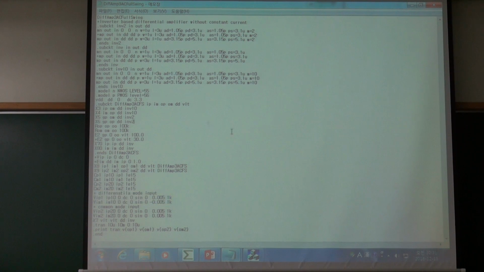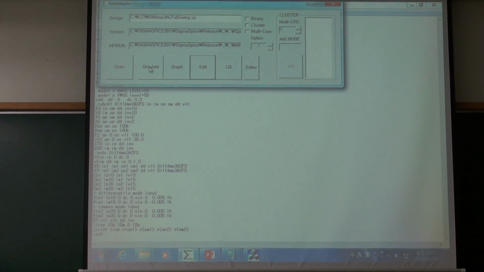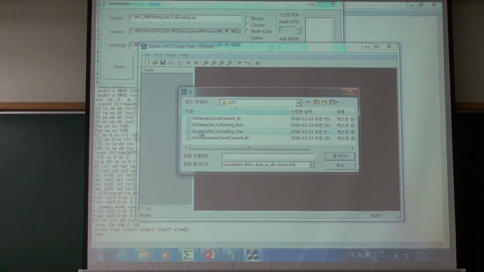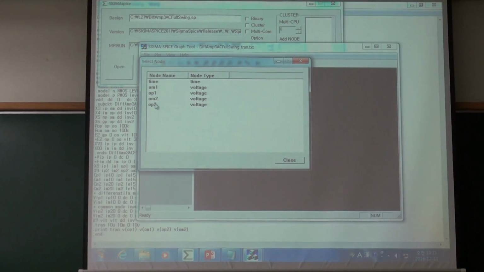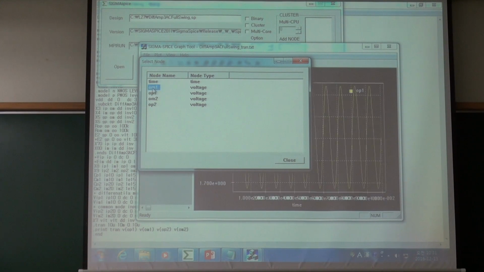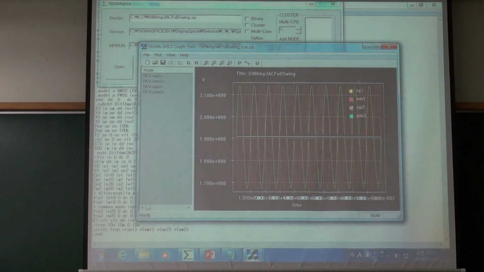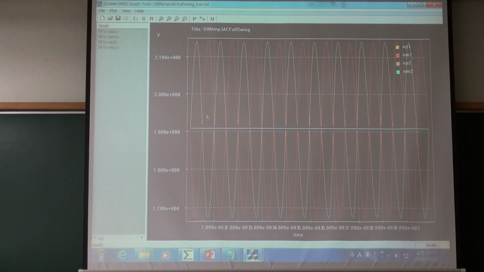Okay. Simulate. This OP1, OM1 will be differential mode output. OP2, OM2 is my common mode output, okay? Differential mode output, common mode output. Ooh, I have a large gain for the differential mode, this yellow and red.